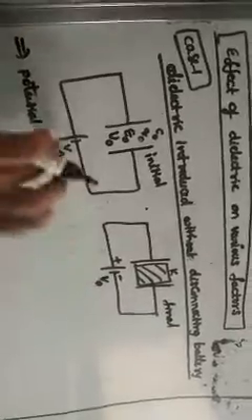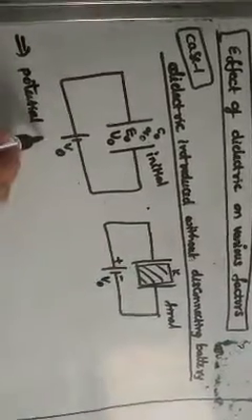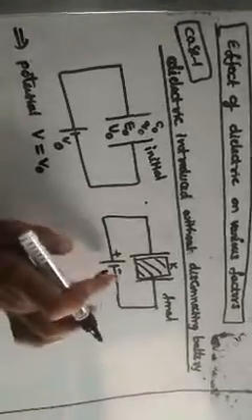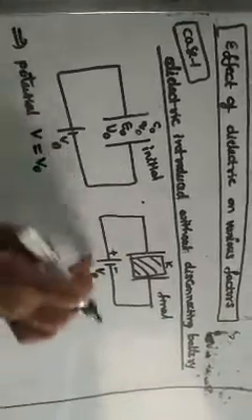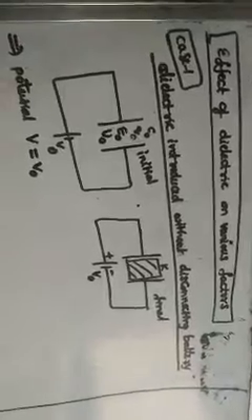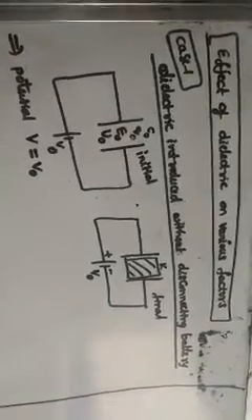First point, potential. How does the potential change? Check carefully. Initially and finally the potential is the same; the final potential V is equal to the initial. I am not changing it, so the potential has no change.